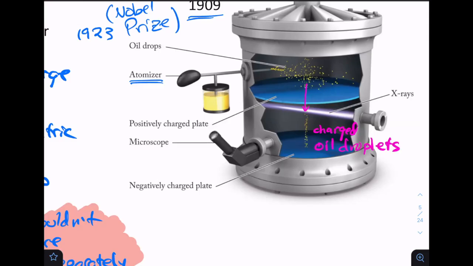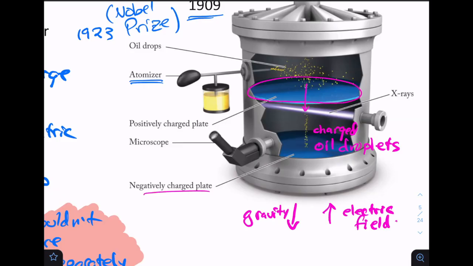that are still being pulled down by the force of gravity. So gravity pulls them down. And then Millikan was able to use electric fields to counterbalance the force of gravity pulling them down. With the electric field, by changing the polarity on the poles, because you've got a pole here that they fell through, and then there's another charged plate, the negatively charged plate down below.